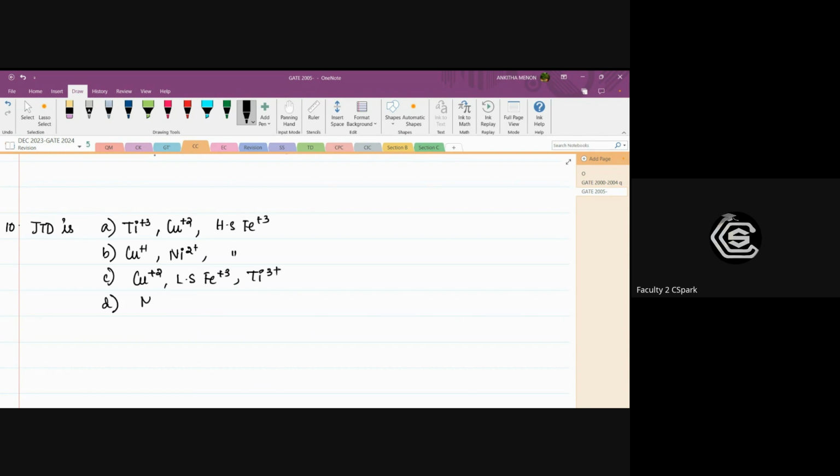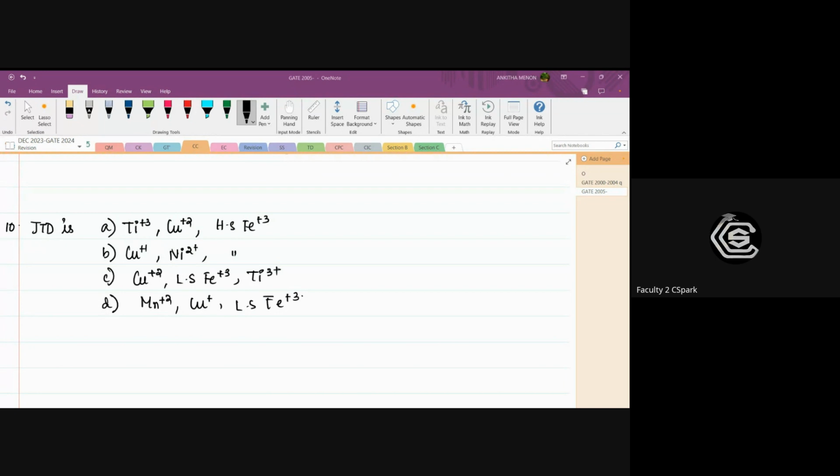Option D, manganese +2, copper +1, and low spin iron +3. Yes, please try. Answer.